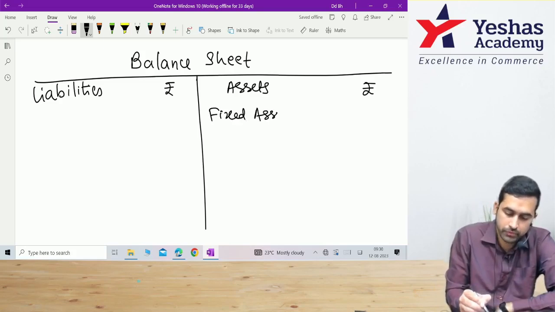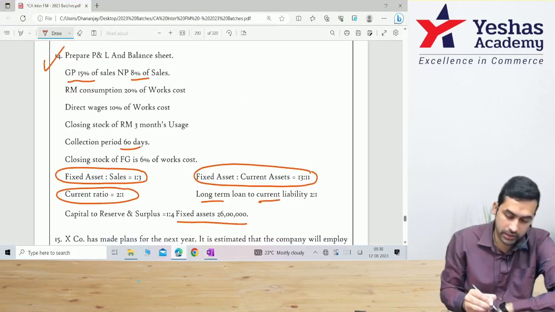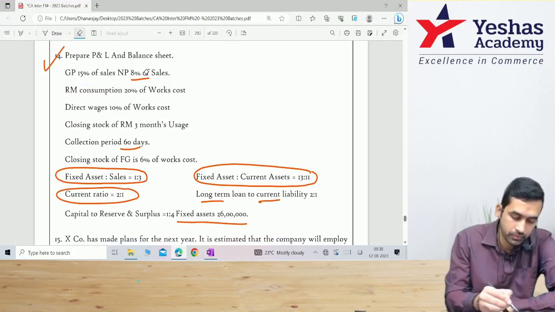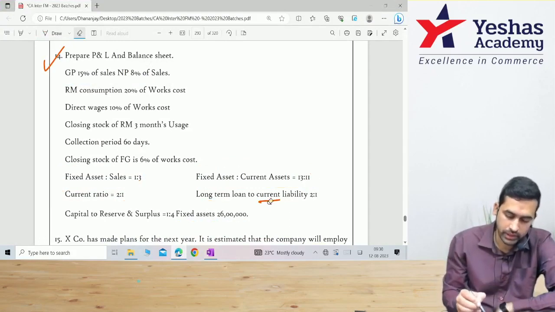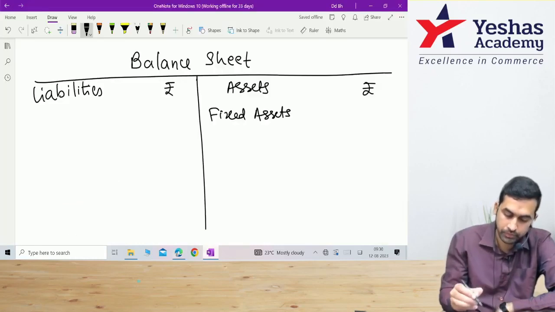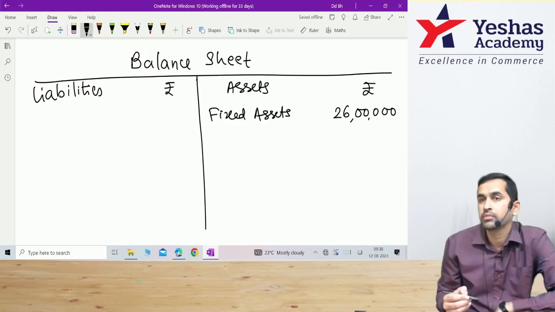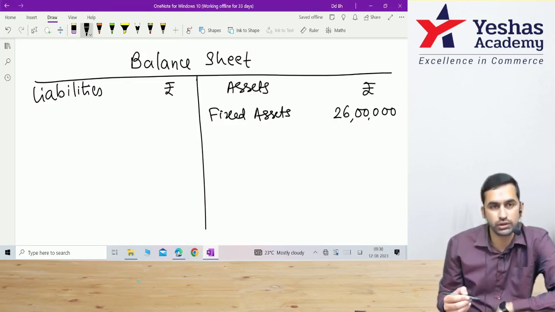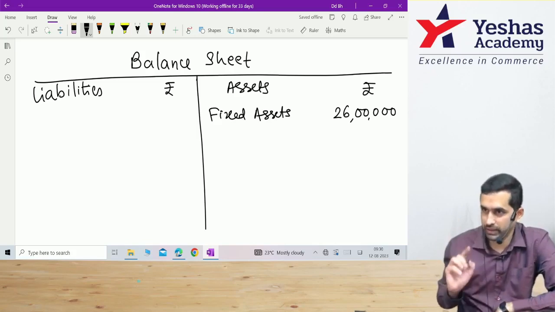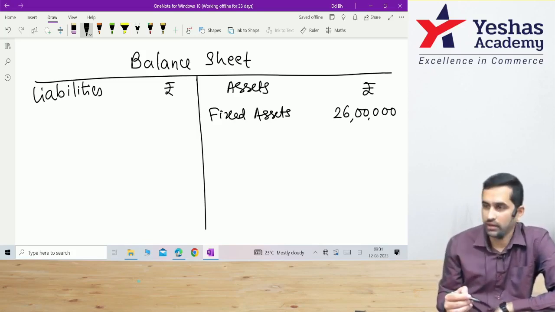First item, fixed assets as it is, I can copy: 26 lakh. Done.